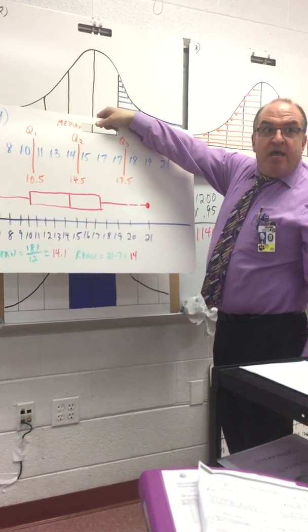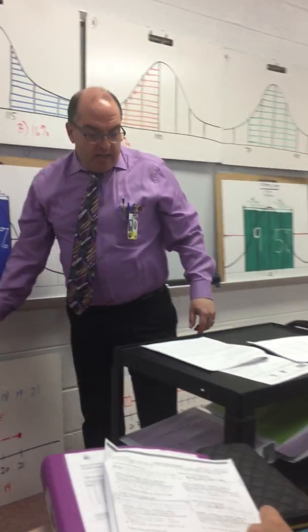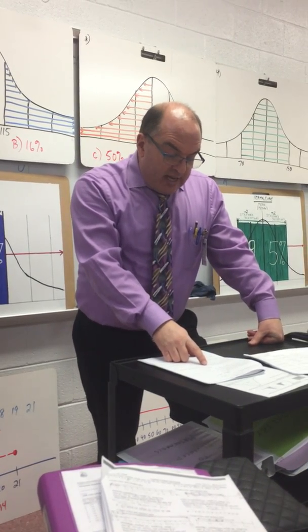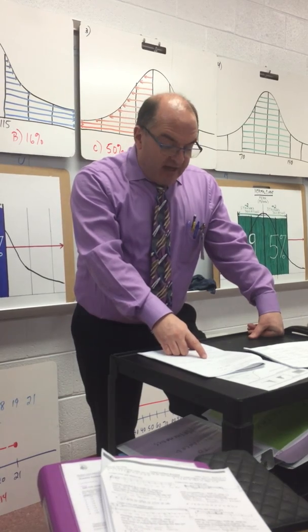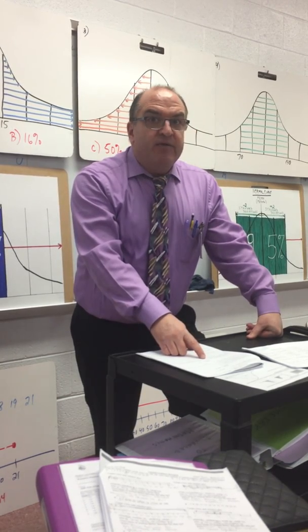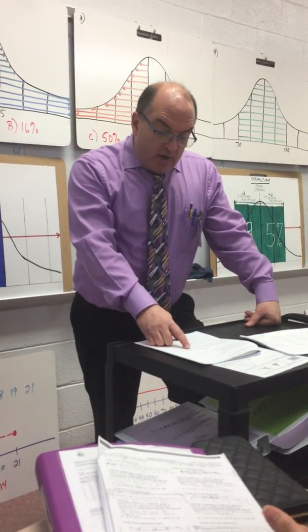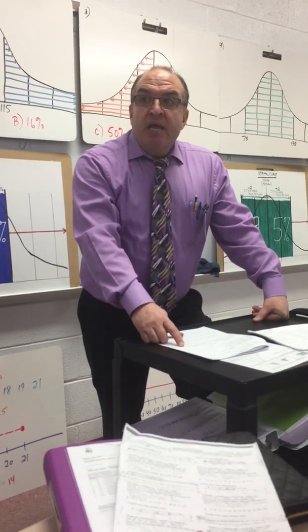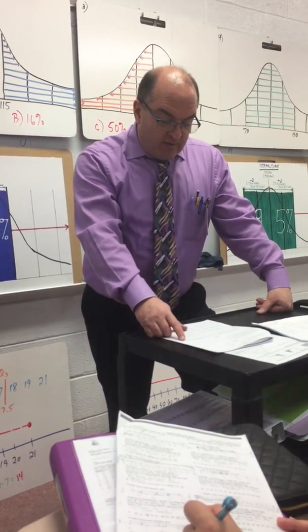Isn't Q3 the upper quartile, right? Okay. Now, plot C. What is the lower quartile? 45. Please write that down for number 7 if you haven't already. Number 8. What is the upper quartile for plot D? 97. Please write that down for number 8 if you haven't already.